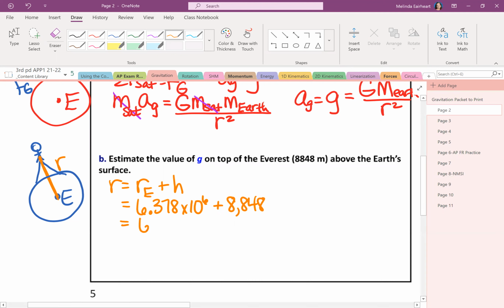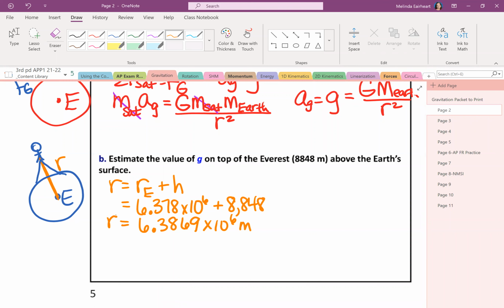And I get 6.3869, right? So I'm going to keep as much as I can handle. If you want to use the full number, that's fine too. Times 10 to the 6th. So when we go to use the equation, that's the center to center distance we'll use, not really a radius here.